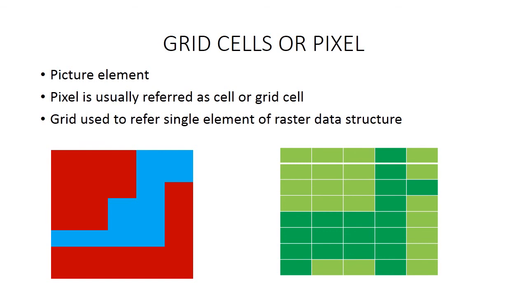So the level of detail or the level of accuracy of a grid layer depends on the size of raster cells, also called resolution. Smaller pixel size also means an increased number of pixels and increased size of the files.